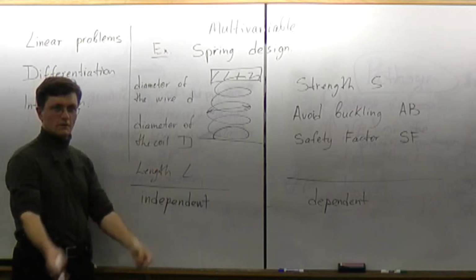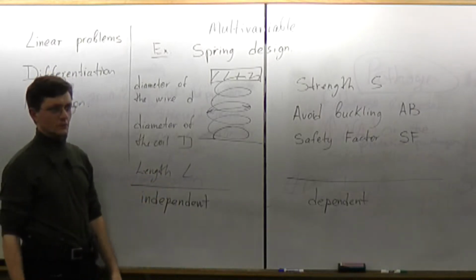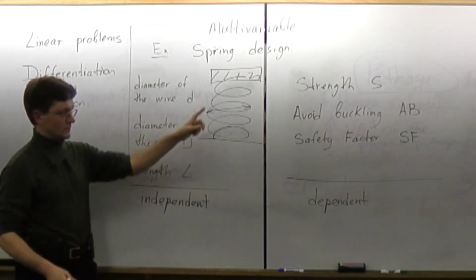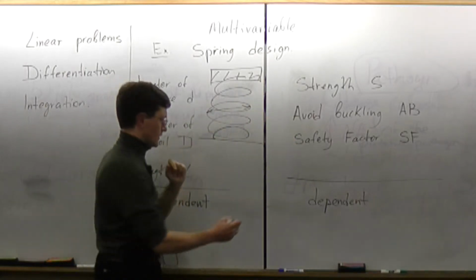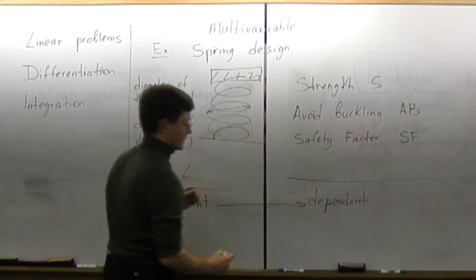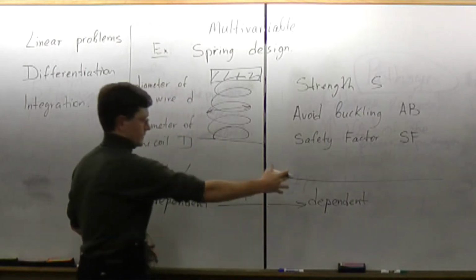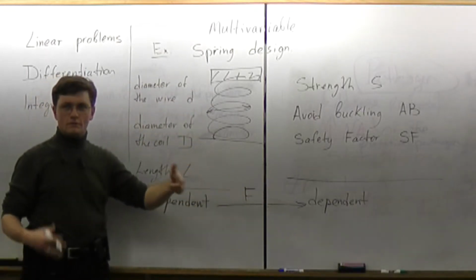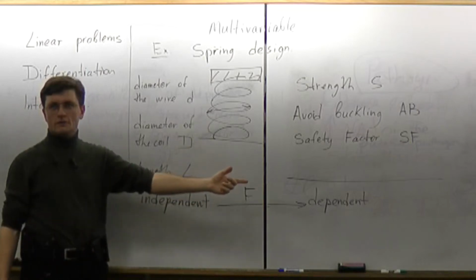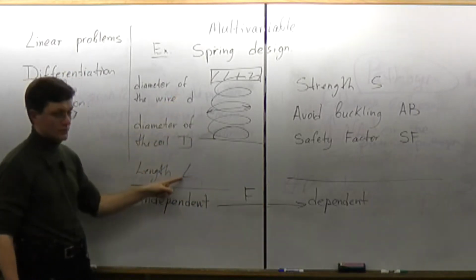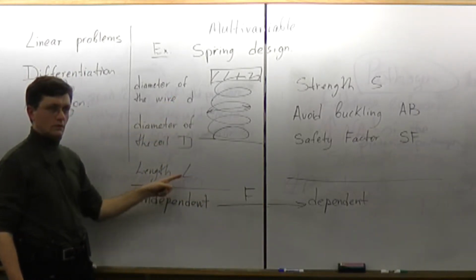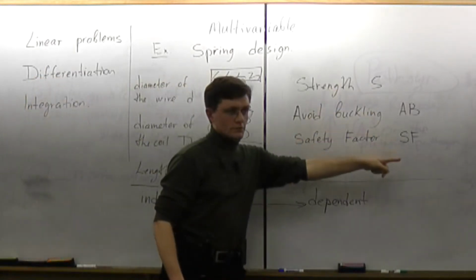And if I look at mechanical engineers' textbooks, there are plenty of formulas about these computations. So what we will look at is that bunch of formulas as one function that takes three numbers on the input and gives you three numbers on the output.